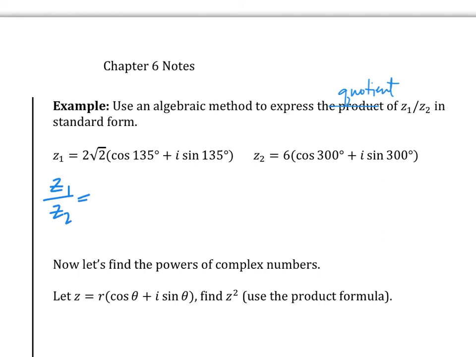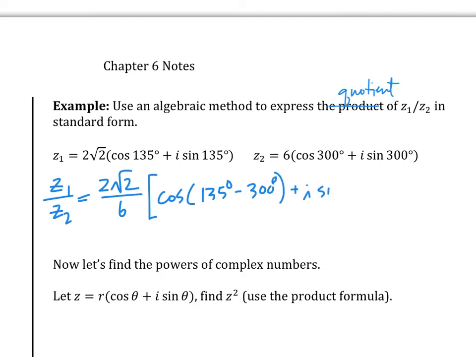Since you have the formula, I'm not going to write it again. The formula says radius 1 divided by radius 2, of cosine of first angle minus second angle, plus I sine first angle minus second angle.